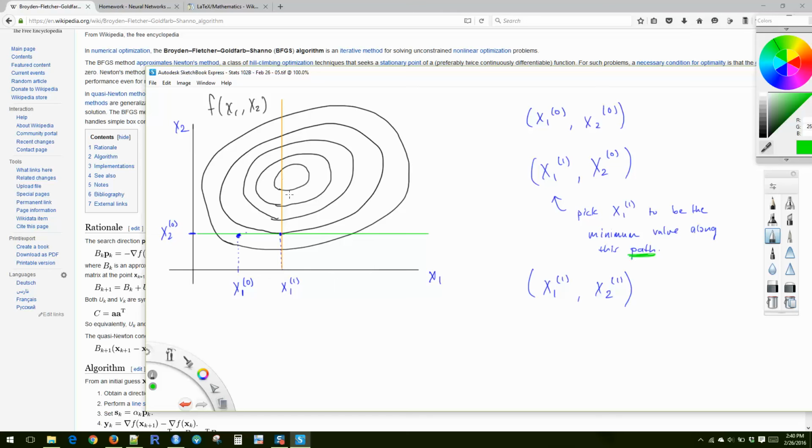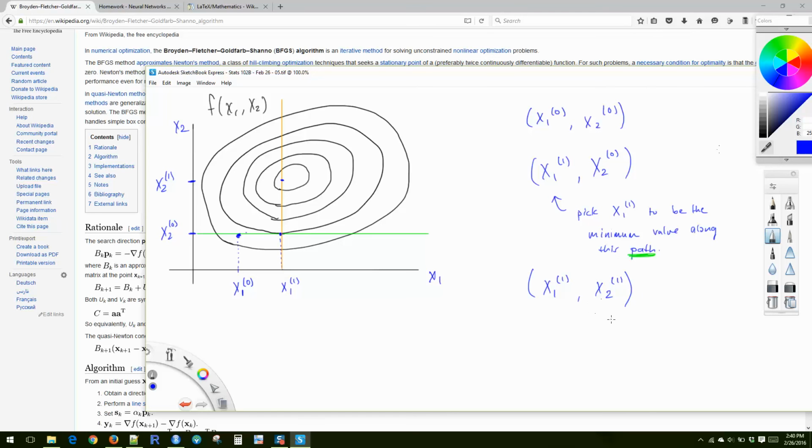It minimizes the function probably somewhere inside here, because we're already inside our central circle here. And this becomes our x2 at time 1. So this is one iteration.